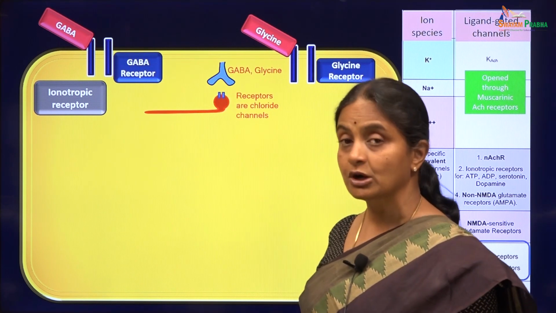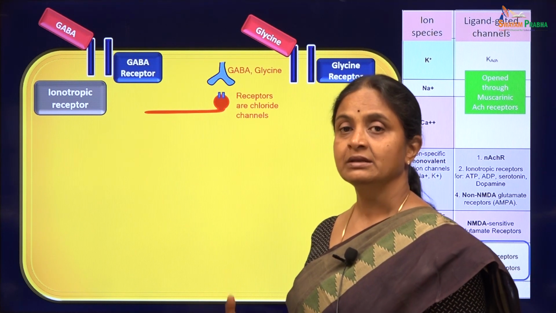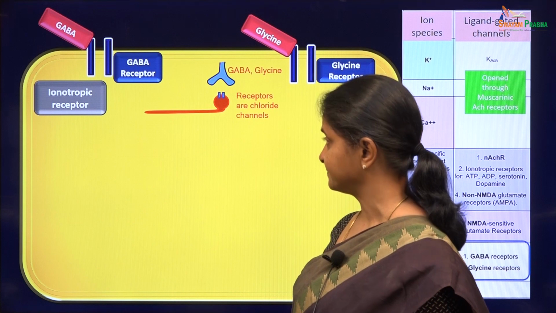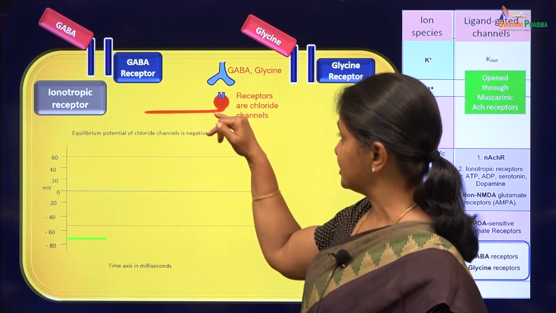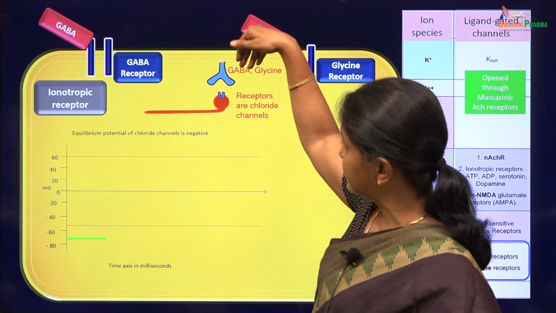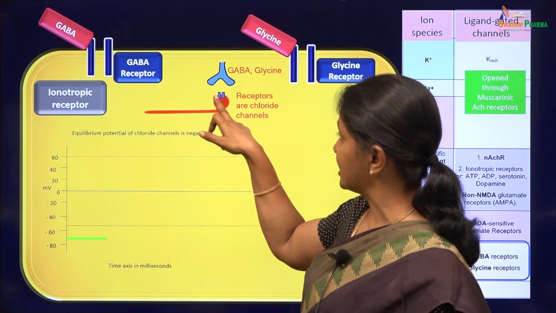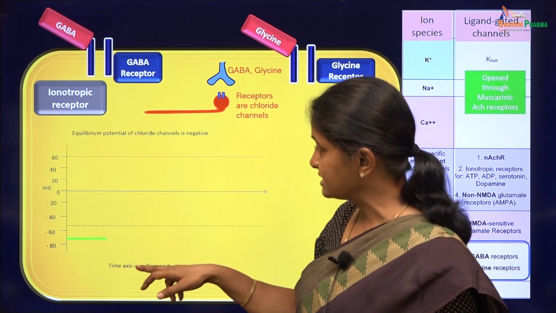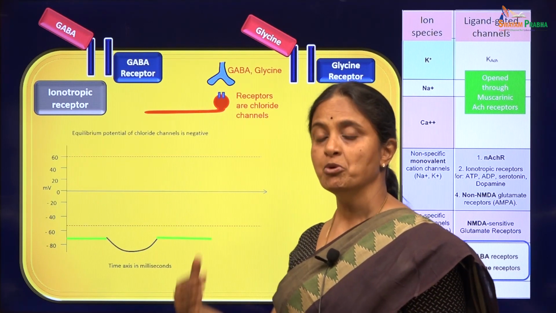Those channels are chloride channels, and you know that when chloride channels open, the cell will hyperpolarize. So, if that is the resting potential of the postsynaptic neuron, if a presynaptic neuron releases either GABA or glycine and opens up the chloride channels in their respective receptors, the membrane will hyperpolarize, become more negative.